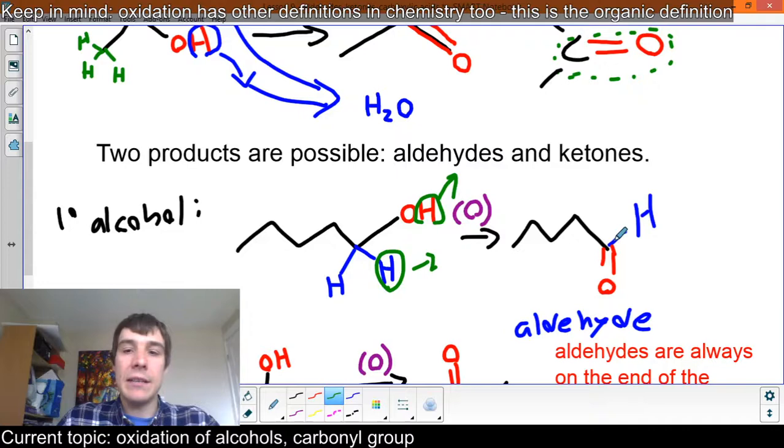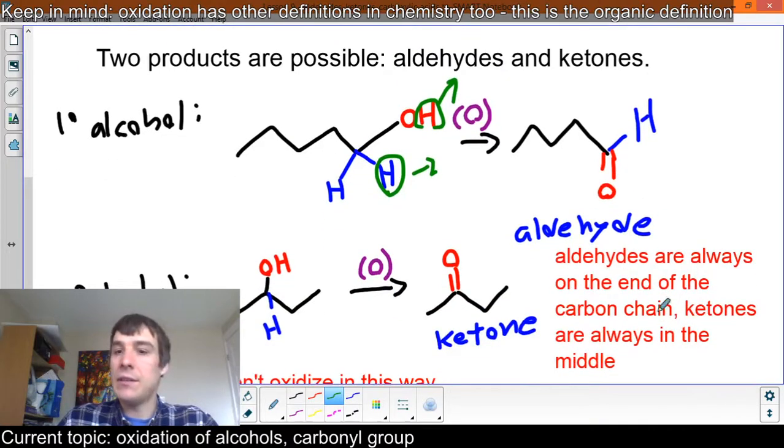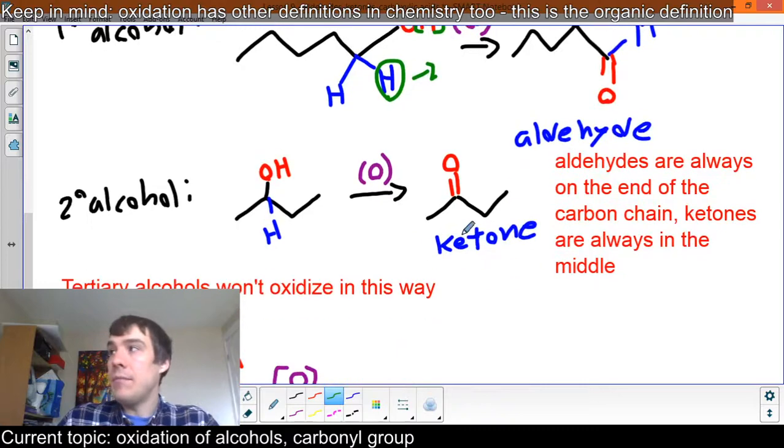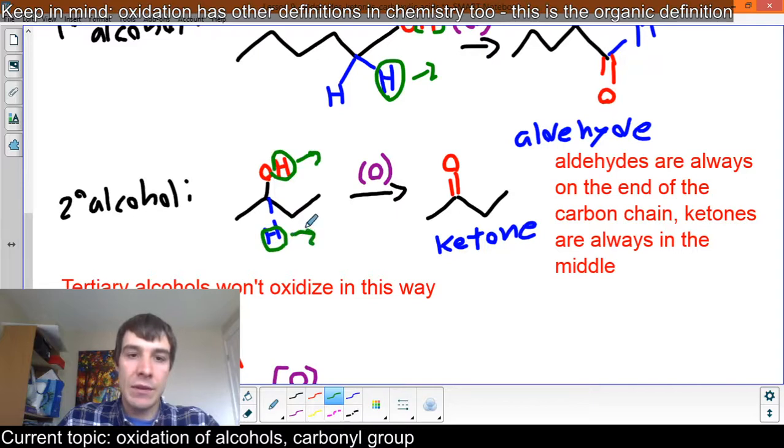So that's called an aldehyde. Aldehydes are always on the end. We call that terminal. But if it's a secondary alcohol and you oxidize it, you end up with something called a ketone. And the difference there is that when we take away the hydrogens in order to install our double bond, we don't have a hydrogen left over.